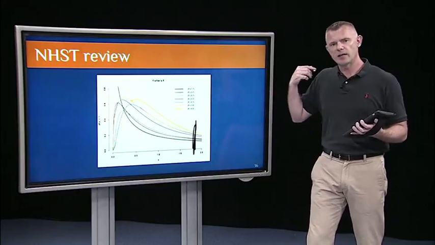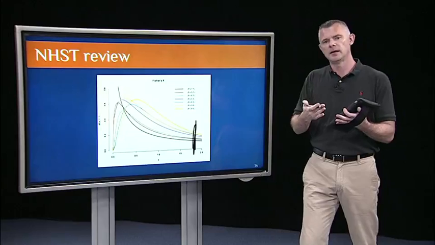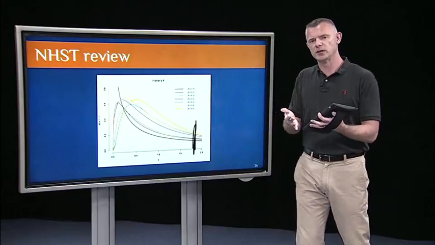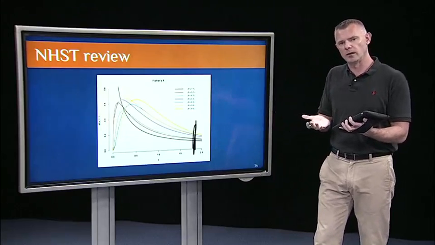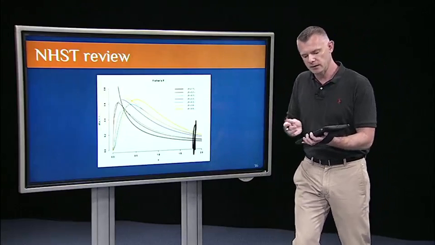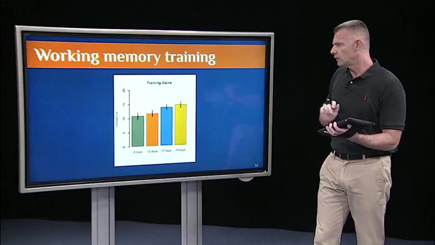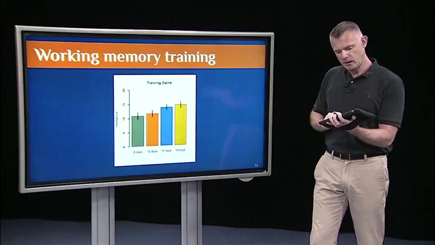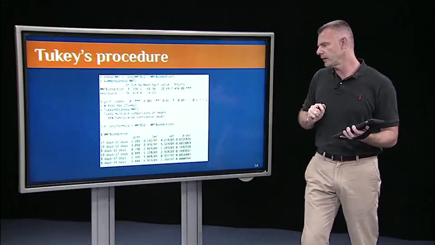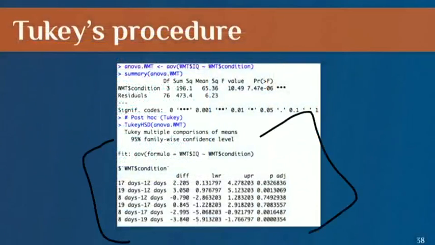Now think about these situations where we're doing multiple pairwise comparisons in our post hoc test procedure. We're inflating the probability of those type 1 errors happening. So we have to build in an adjustment, and that's what these procedures do. Let's look again at this working memory training example. Here is the output I showed you in the last segment, and at the bottom is Tukey's procedure.